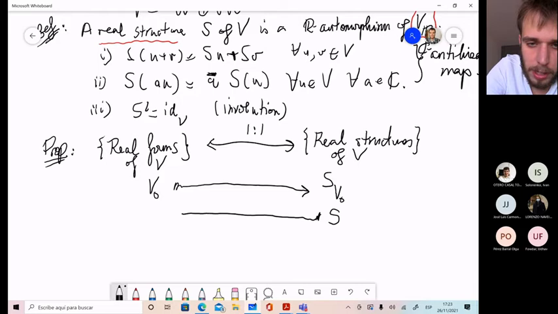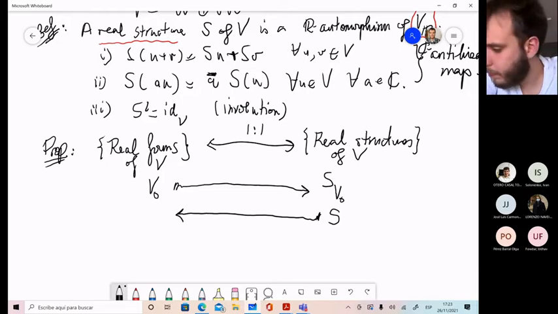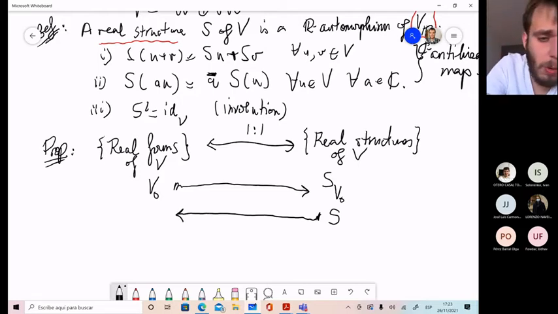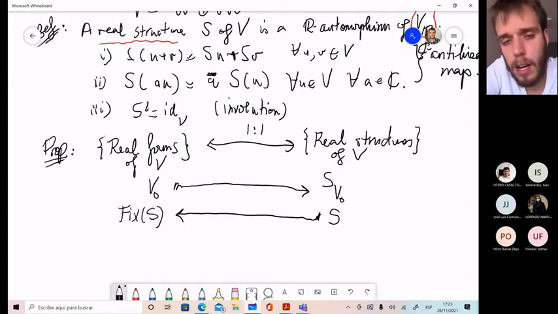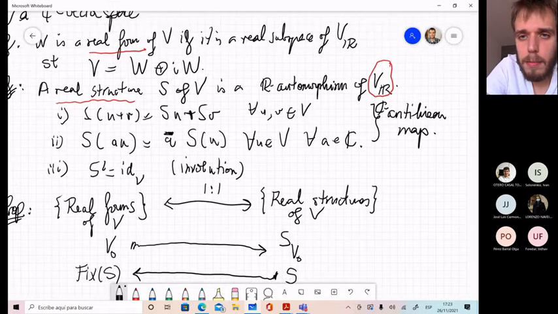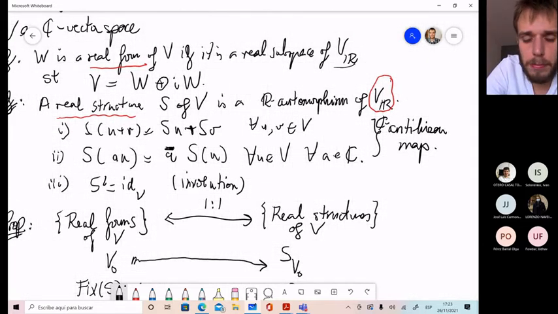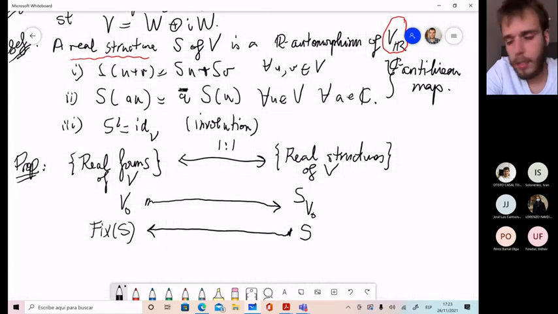If you go in the other direction, you start with a real structure of V. What you have to do is just to take the set of fixed points of S. And this is going to be a real vector subspace of the realification, and it's going to be a real form, okay?